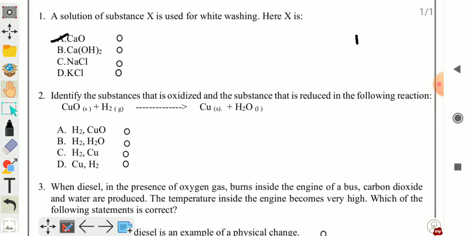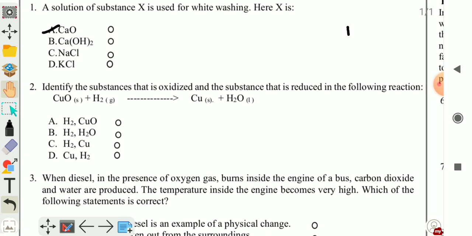Question number 2: identify the substance that is oxidized and the substance that is reduced in the following reaction. When CuO, copper oxide, reacts with hydrogen, it is converted into copper and H2O, water.